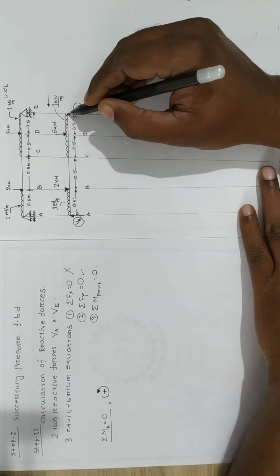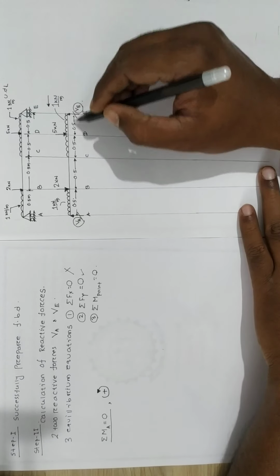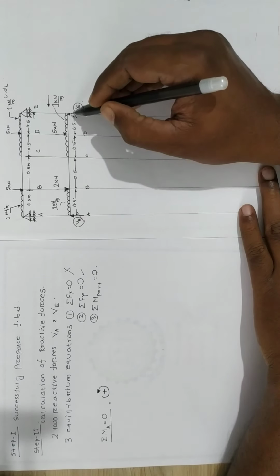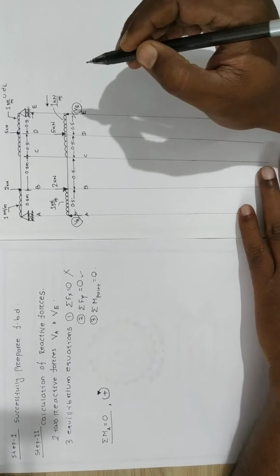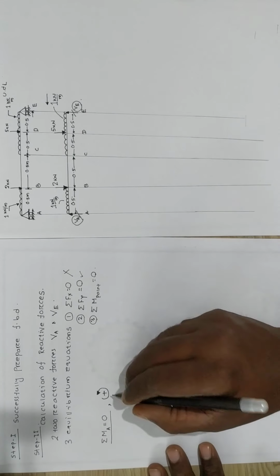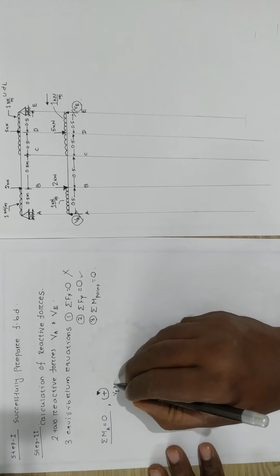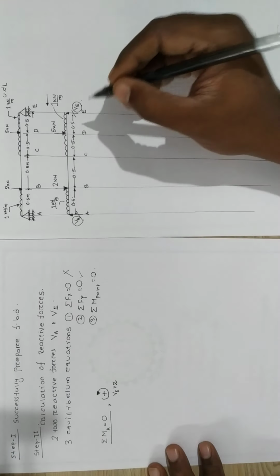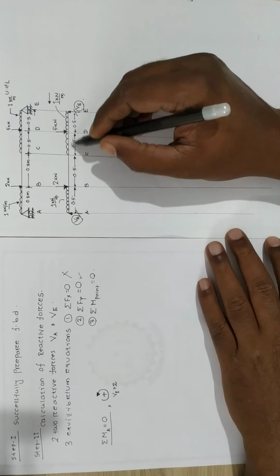So here the force is VE, and between the line of action of the force VE and point A, the perpendicular distance is this one. So this will be 0.5 plus 0.5 plus 0.5 plus 0.5, so this is 2. And this is counterclockwise in nature, so this will be positive. So I can write VE into 2.